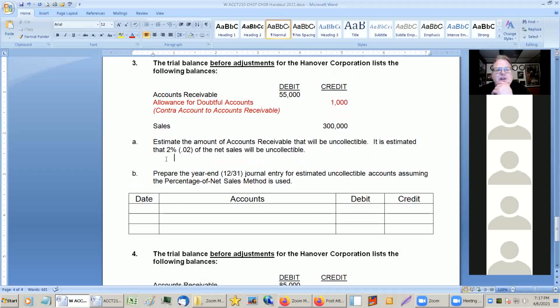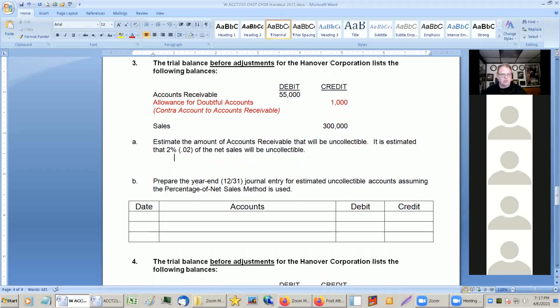Okay, so let's go down here. A says it's estimated that 2% of the net sales will be uncollectible. Okay, so we have sales times 2% equals some number.